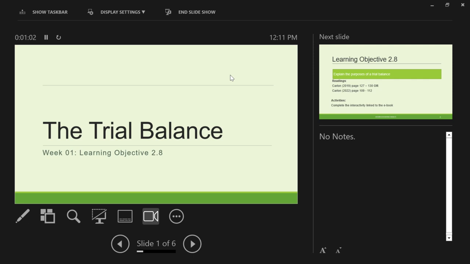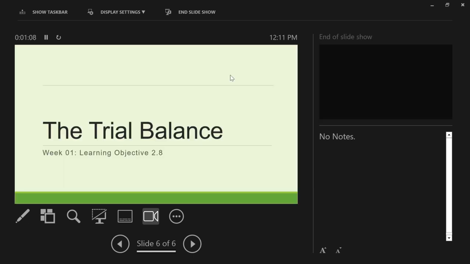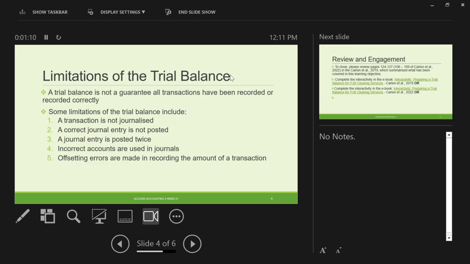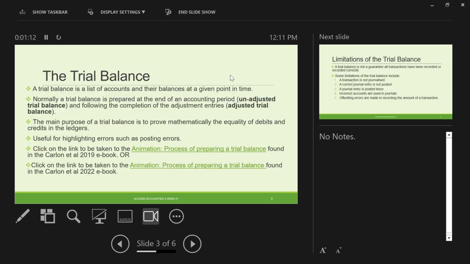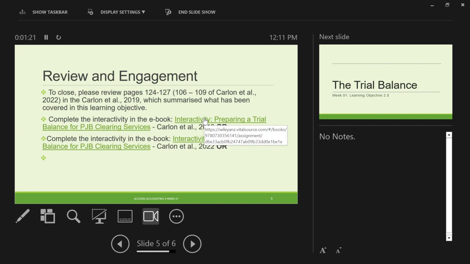So in the trial balance, all these balances of these accounts are documented in a way that we understand. Example of a trial balance. Hopefully it can open up. I don't think it will open up for my book.